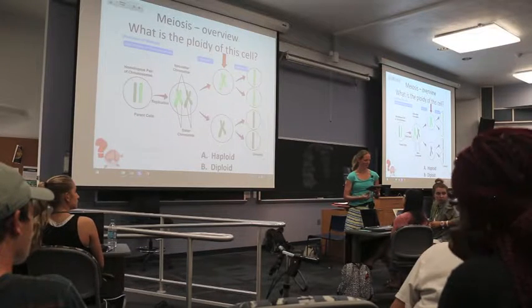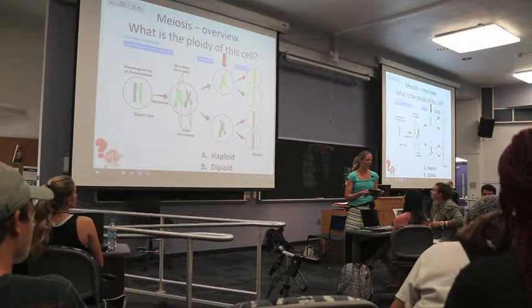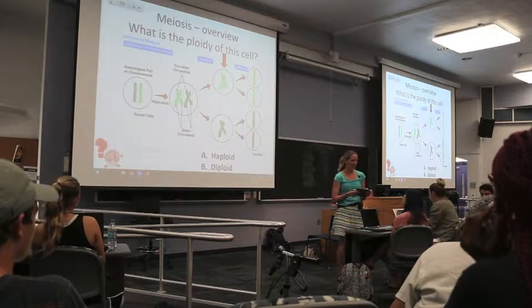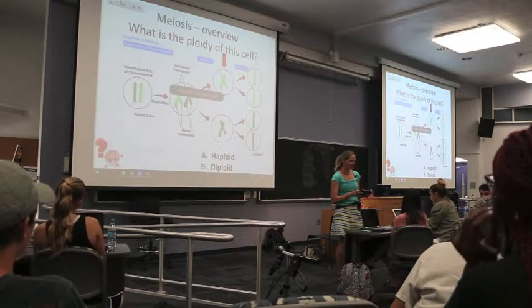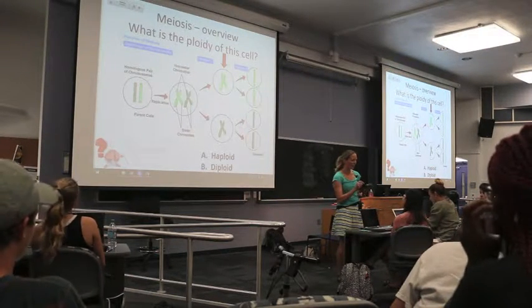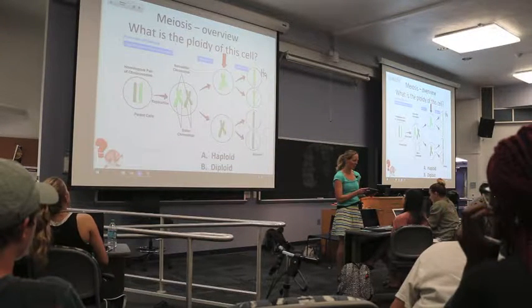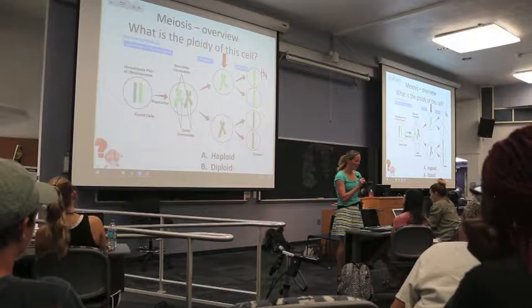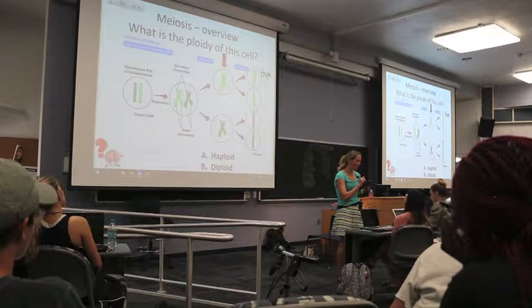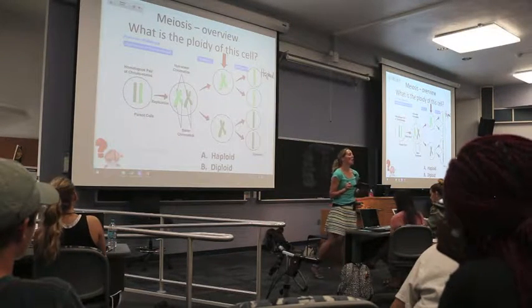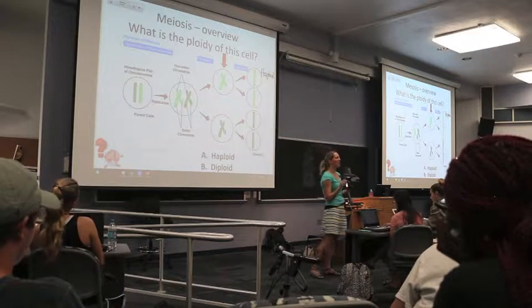Okay, so she's saying that she feels that after meiosis 1, it's still diploid because the ending cells are haploid, and that's definitely true. So we have these haploid cells after meiosis 2. So she's saying it was diploid.